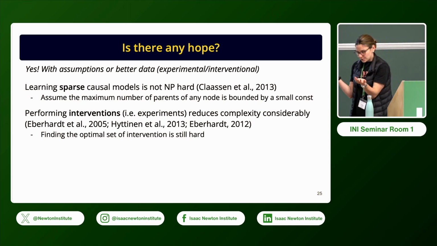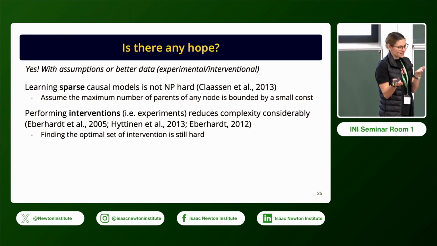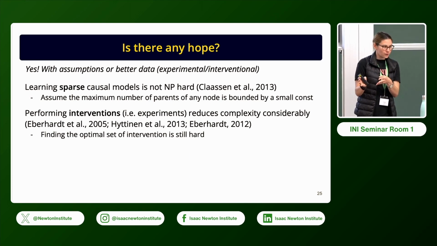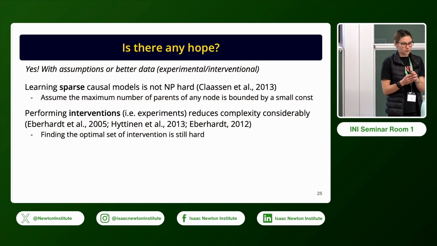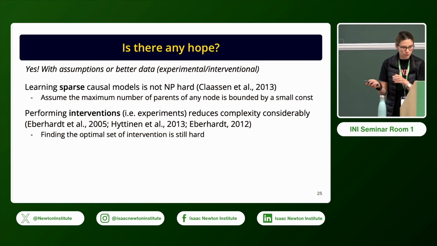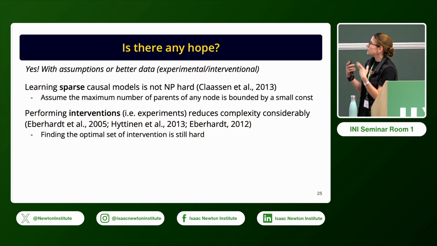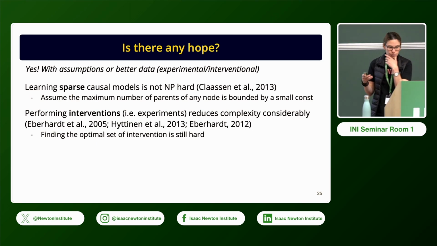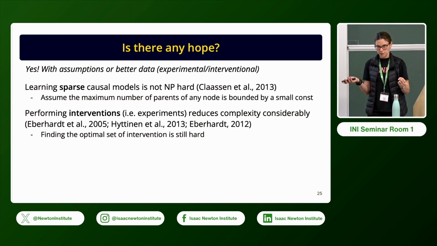So the question is, is there any hope? And thankfully, the answer is yes, there is, either with assumptions, as we discussed, or with better data, i.e. experimentation or interventions. A more recent work showed that learning sparse causal models is not NP hard, assuming that the maximum number of parents of any node is bounded by a small constant.